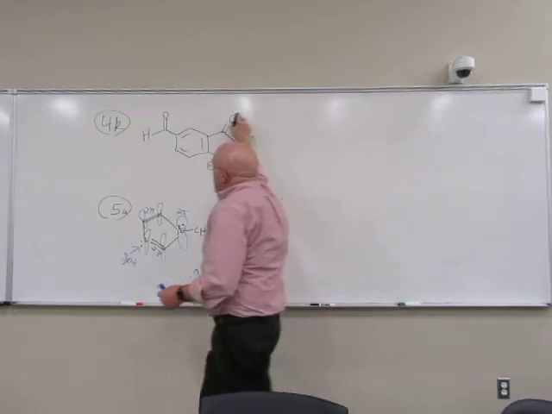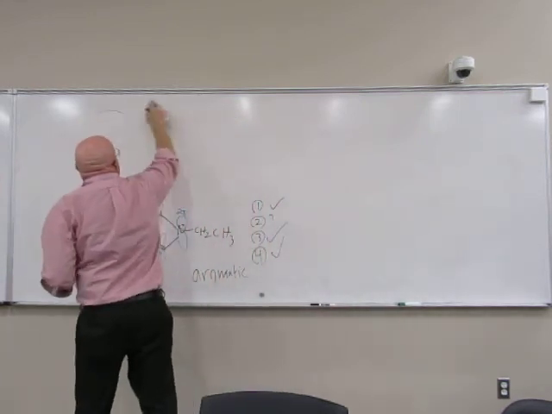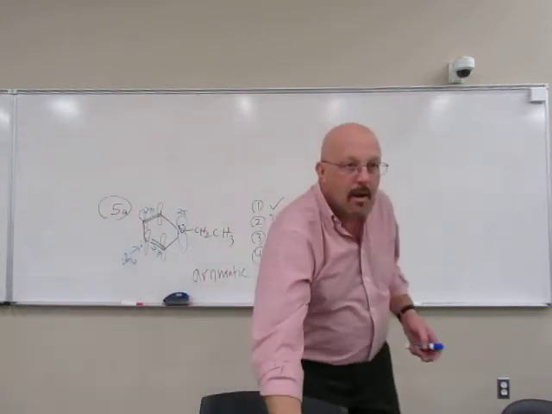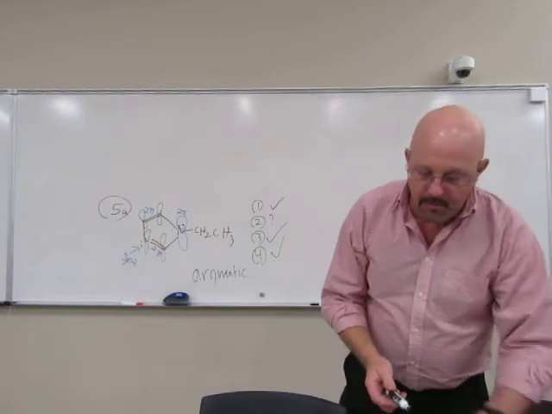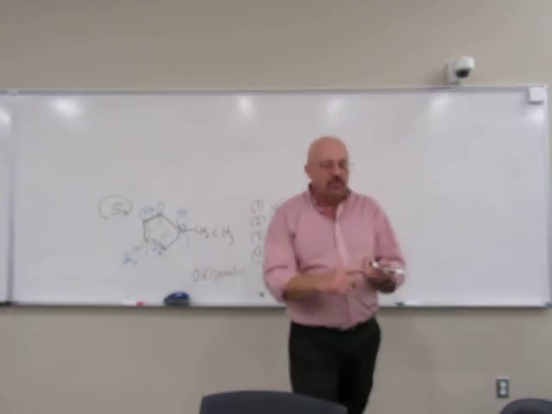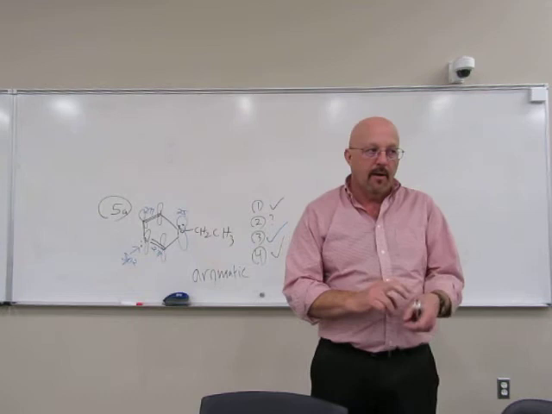Do you mind explaining the rule you just said, the heteroatom? Your heteroatoms are nitrogen, oxygen, phosphorus, and sulfur. We got 4 heteroatoms.